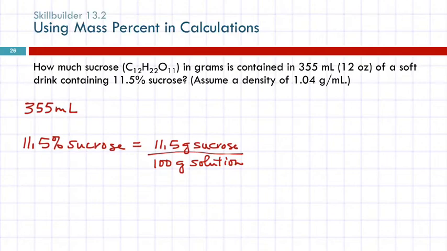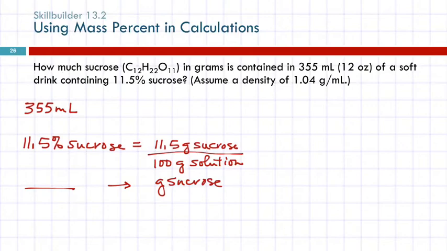So what are we trying to find? Grams of sucrose. So let's make a little path here. I'll put the path down here. We're going to start with something, and we're trying to get to grams of sucrose. That's what we're trying to find. We have to figure out what we are starting with.